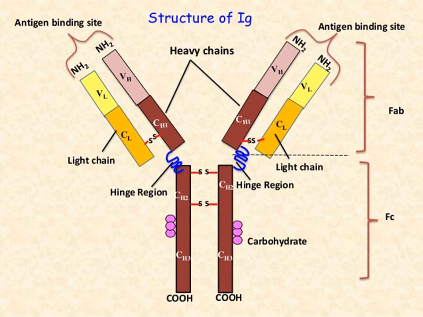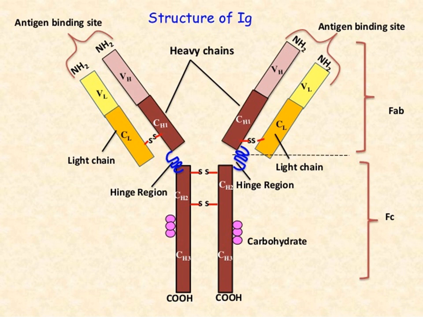Please note another important point about the light chain. Like I told you about the constant domain of the heavy chain, that it performs a few important biological functions like complement fixation, complement binding, and activation, does the constant domain of the light chain perform some function?